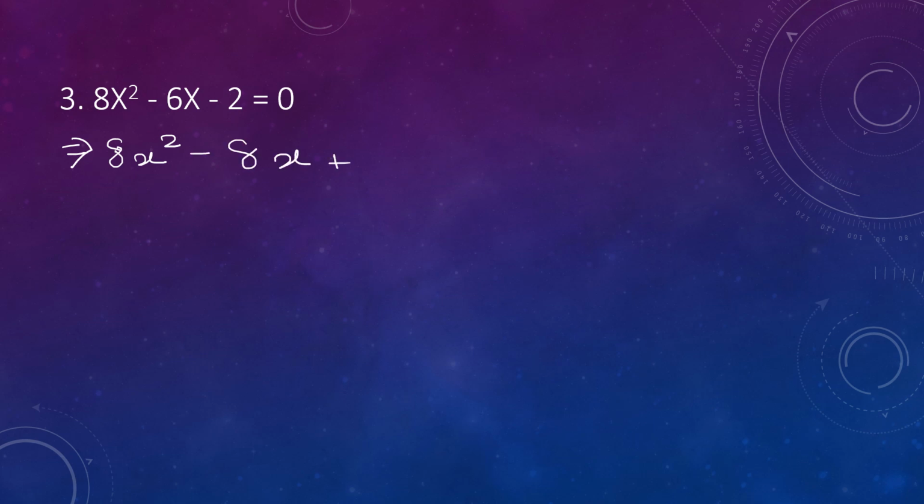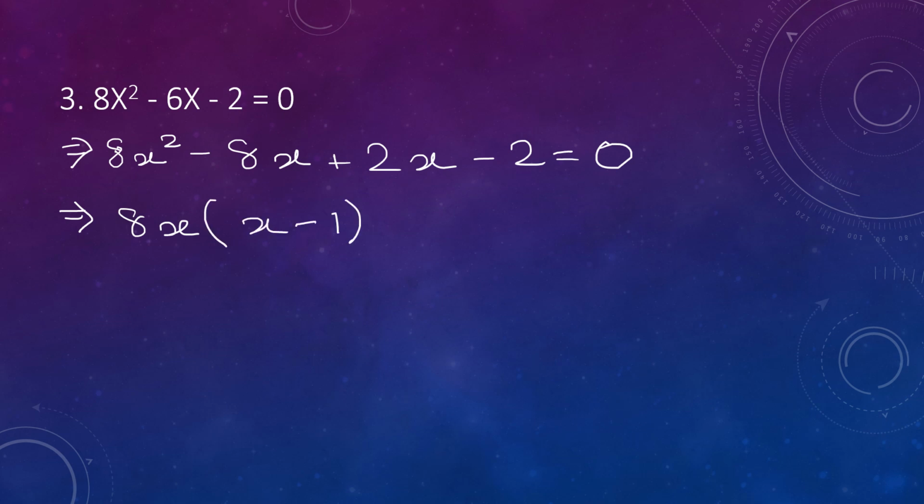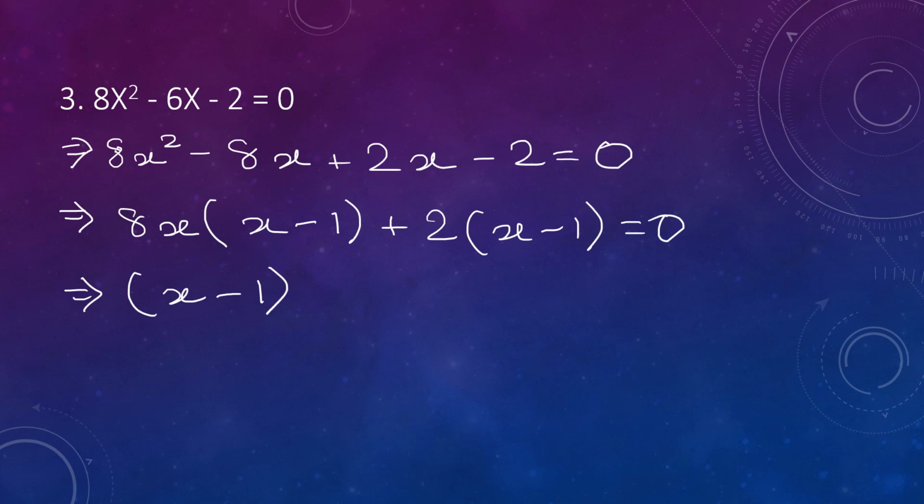So we write it like this, and then here 8x is common. We take it outside the bracket. We have x minus 1 remaining. Here 2 is common, and we have x minus 1 remaining, and then we take x minus 1 common, and we have 8x plus 2, which equals 0.